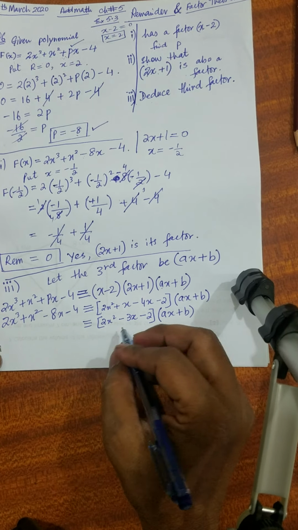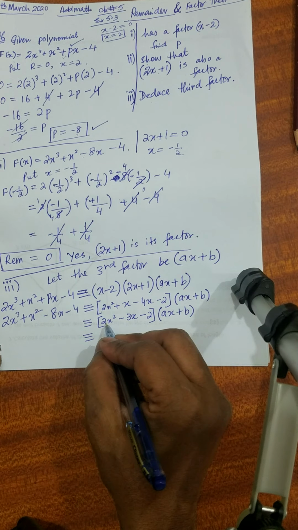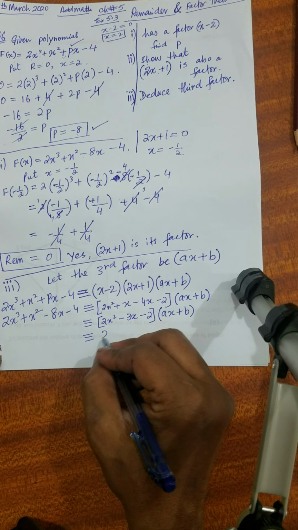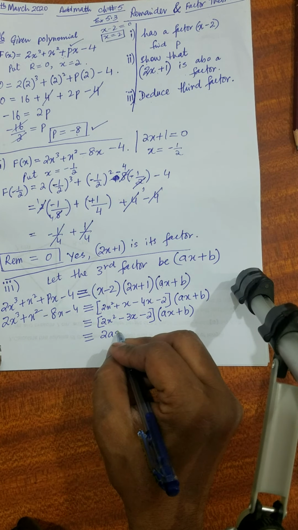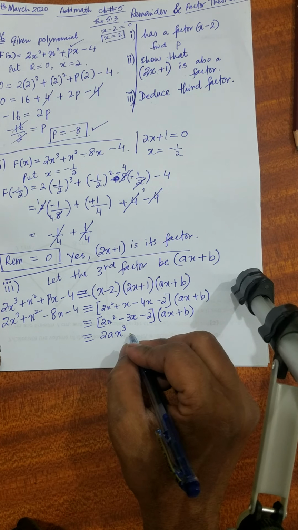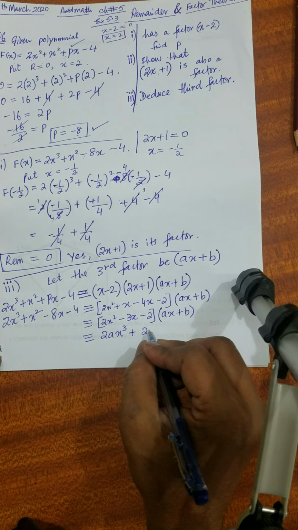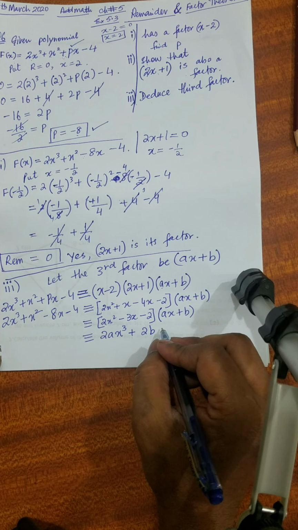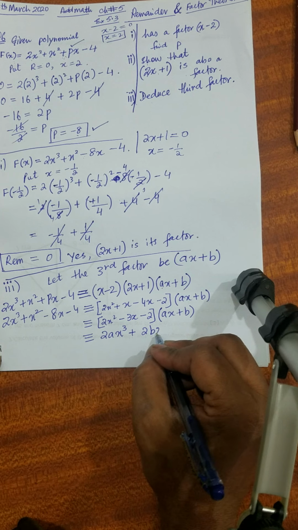So let's multiply this. 2x square multiplied by ax is 2ax cubed. 2x square multiplied by b is plus 2bx square.